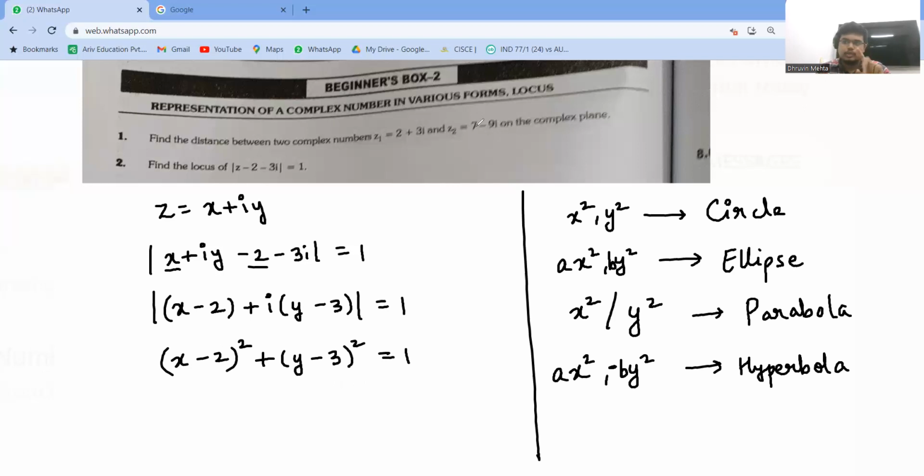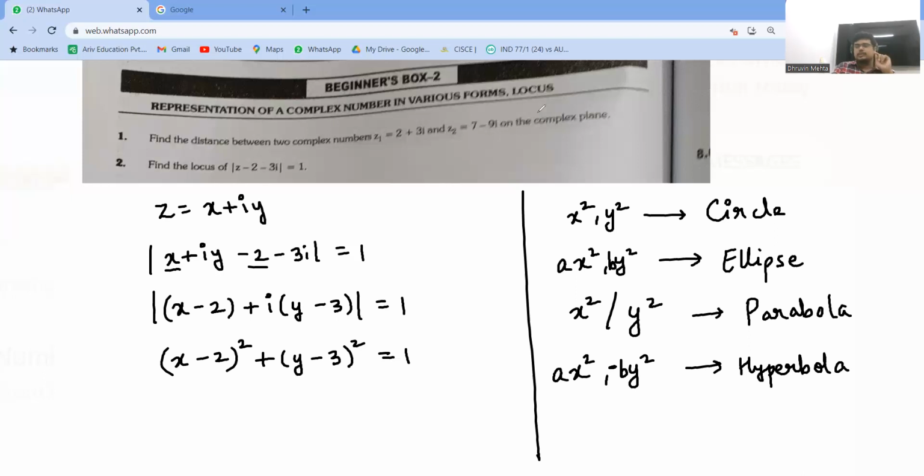Will you get 2 variable square or 1 variable square? 2 variable squares. 2 variable square मतलब x square y square दोनों का, and will the coefficients be same or different? Same coefficients. So what should it be? It should be ellipse. अरे कैसे, सॉरी, सर्कल सर्कल ना. सॉरी, हाँ हाँ, सर्कल सर्कल. This is how we can identify.